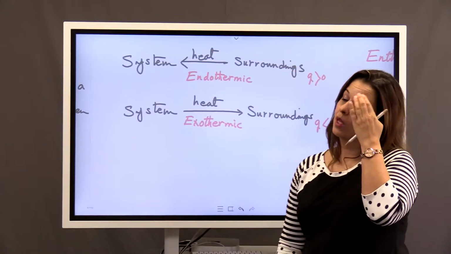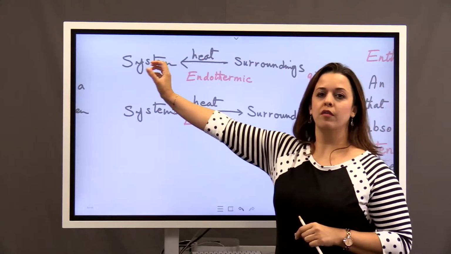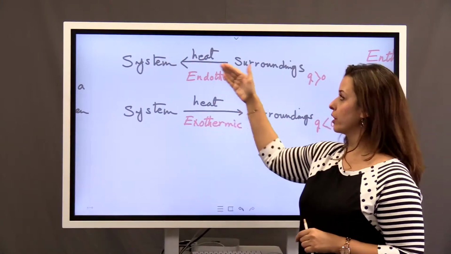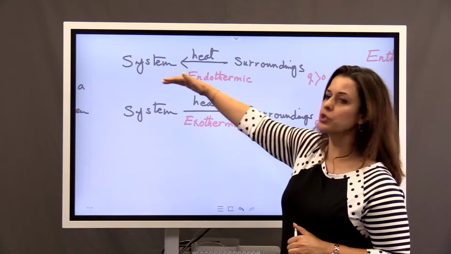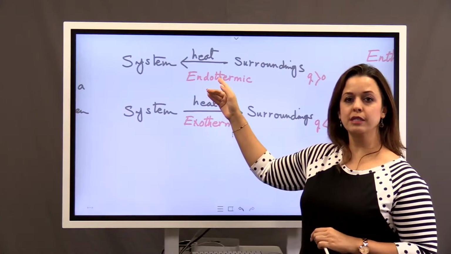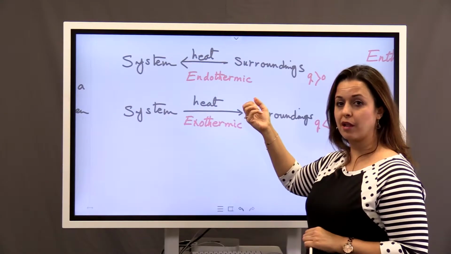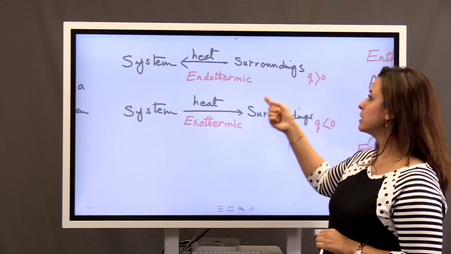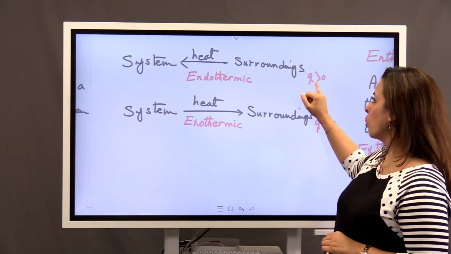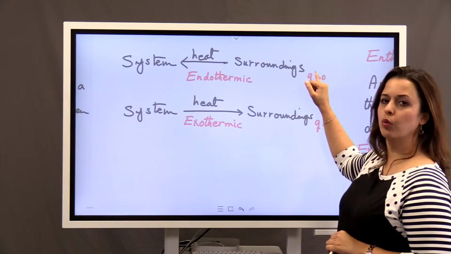So if the system absorbs heat from surroundings, the direction of heat is from surroundings into the system, you call it an endothermic process. Endo means inside. So the system absorbs the heat inside itself. And by convention, we consider the sign for Q positive.